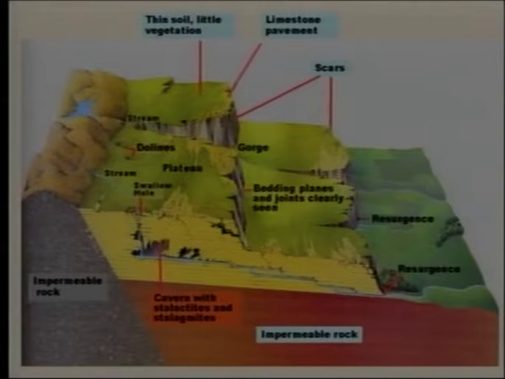The second characteristic is that the soils found in this type of topography tend to be very thin. And because the soils are thin, there is also little vegetation. We're looking at the formation of soil.